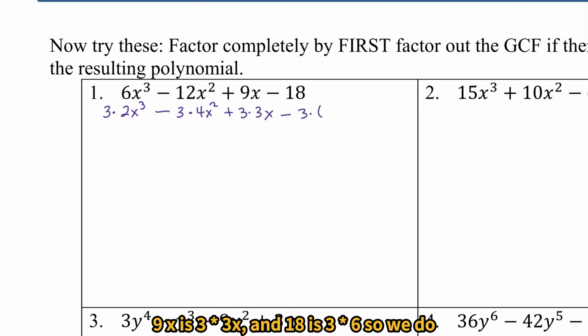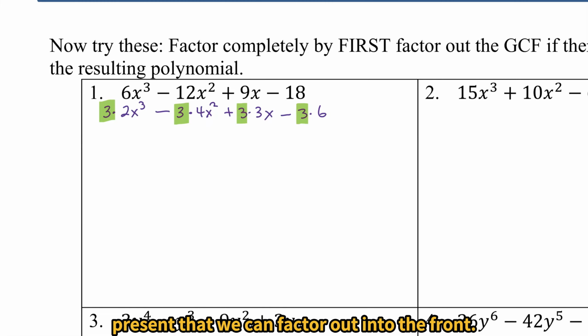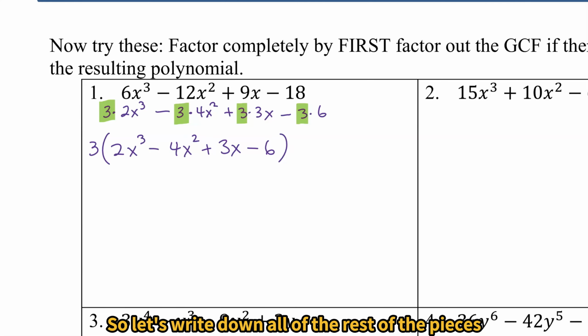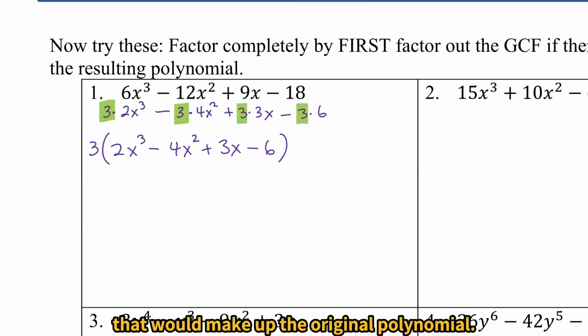And 18 is 3 times 6. So we do have a greatest common factor that we can factor out into the front. Let's write down the other factors that make up the original polynomial: 3 times 2x cubed minus 4x squared plus 3x minus 6.